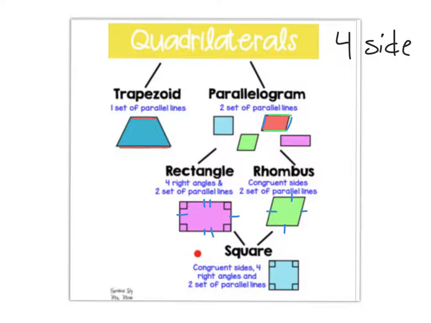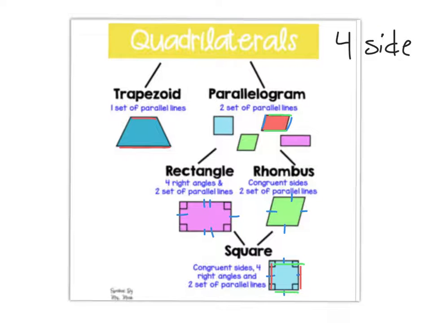four specific instructions. So a square has to have congruent sides, which means equal. So all four sides have to be equal for it to be a square. It's got to have four right angles, and it's got to have two sets of parallel sides. So the top and bottom have to be parallel, and the sides have to be parallel.